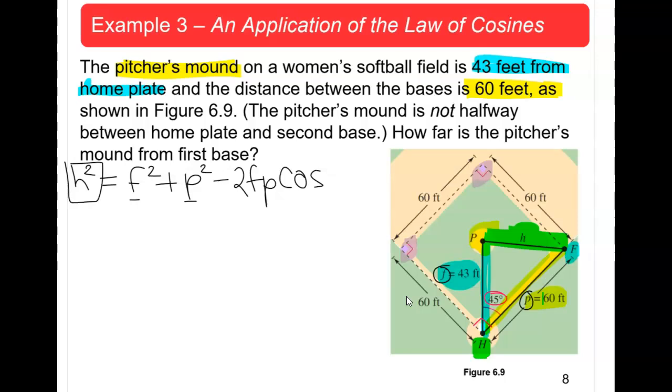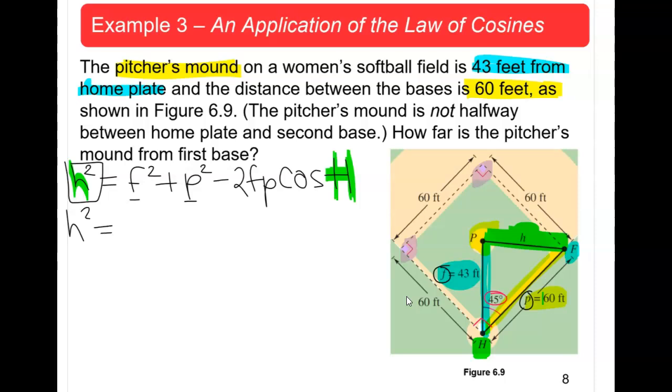So it will be, in this case, capital H. So these two, the one here and the one here, need to be a match. The angle that we take the cosine of, and the other two, the other letters will be the letters that are not h.